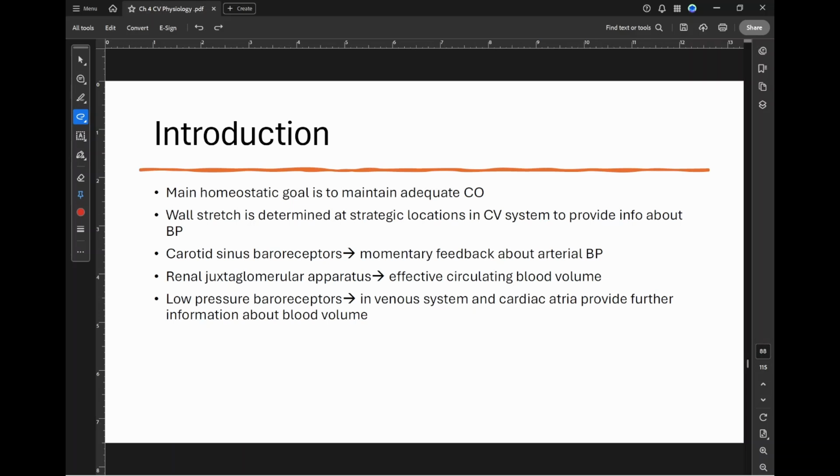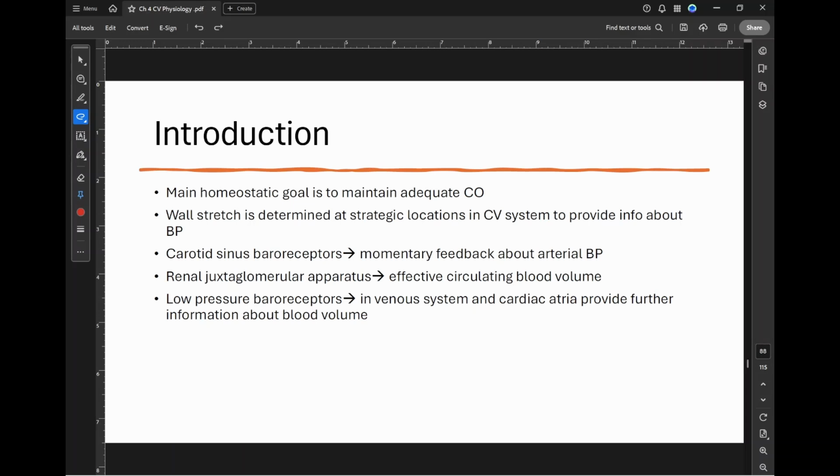So the kidneys will sense effective circulating blood volume. If the blood volume goes down and the kidneys sense it, they're going to kick in that whole renin-angiotensin cascade, which we'll get to in a lot more detail later, to raise your pressure back up. So the kidneys sense circulating blood volume.